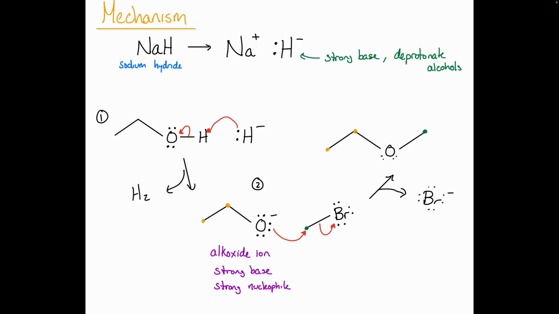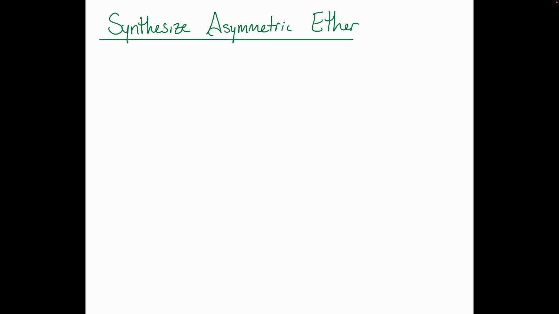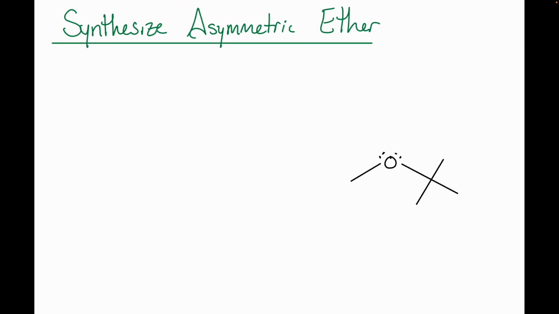All right, so now let's say our goal is to synthesize this asymmetric ether, this thing right here, tert-butyl methyl ether.